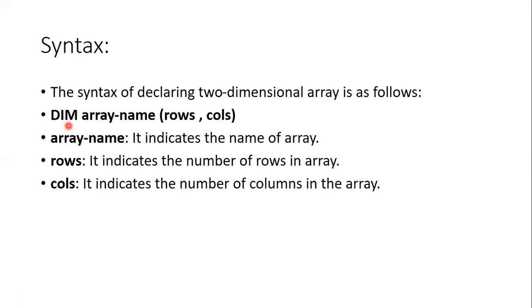Then rows indicates the number of rows in the array. How many rows we want to declare in that particular array, we will have to specify. The second value is columns, which indicates the number of columns in that particular array. So this is the syntax of declaring a 2D array.